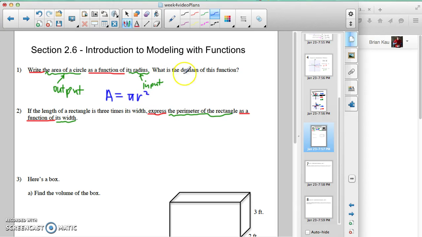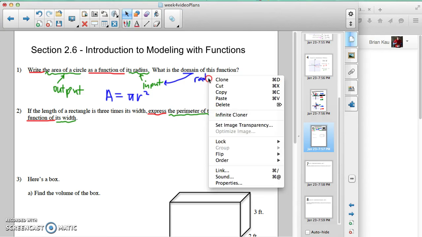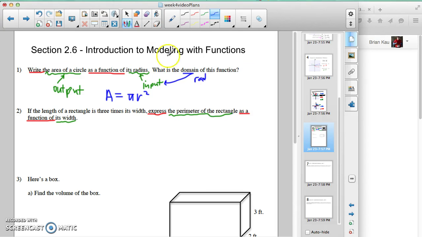Now the domain of a function is always the input values. So the domain of this function would be these values here. So the radius is the domain. Now if you're dealing with real world situations, which we would be dealing with here, the radius is going to be greater than or equal to 0.